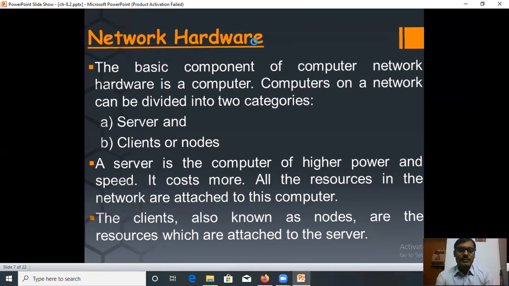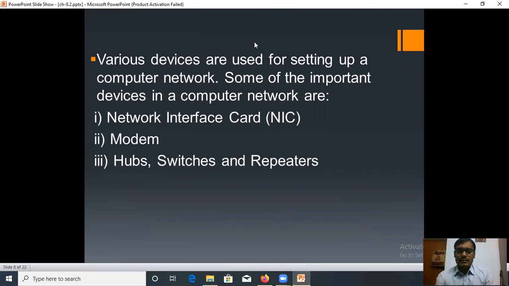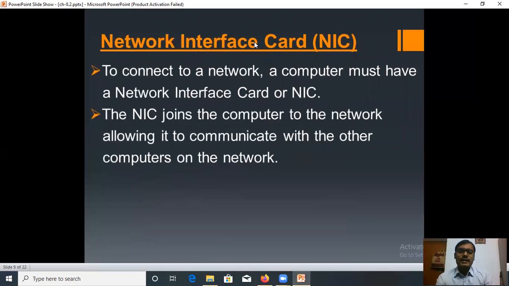Now coming to this topic, some of the important devices in a computer network. First one is network interface card. What is a network interface card? To connect to a network, a computer must have a network interface card or NIC.